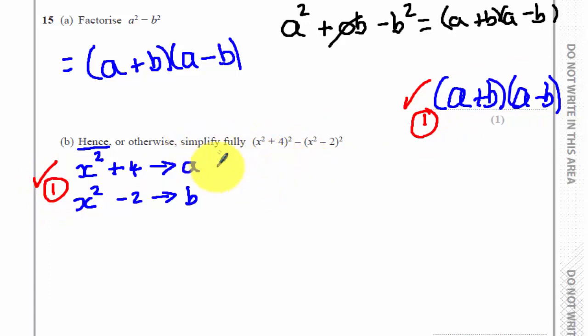But it says I've got to simplify it, so I have to carry out the expansion of the brackets and the taking away. So I'm going to use my answer to part A, so I'm going to have to do a plus b.